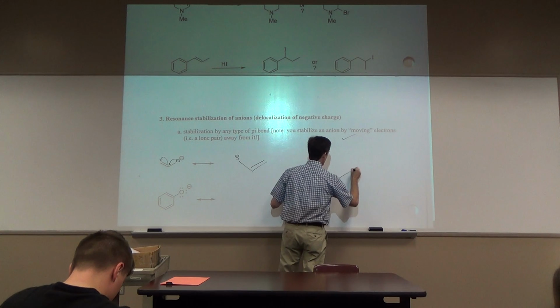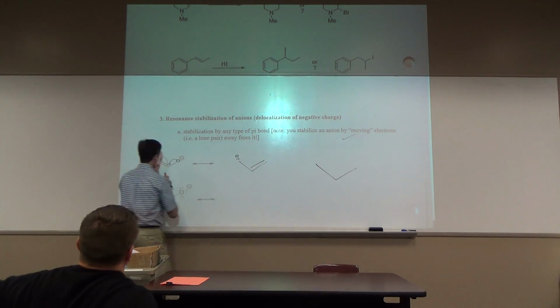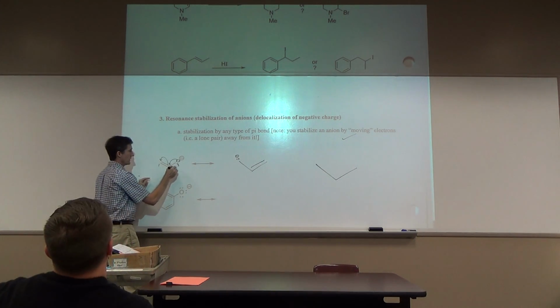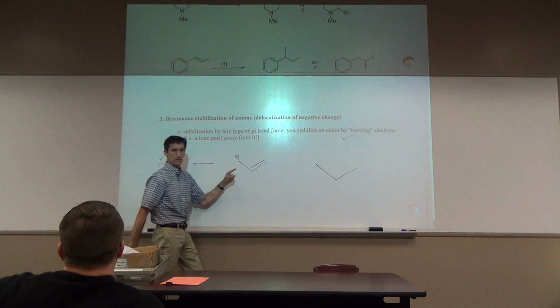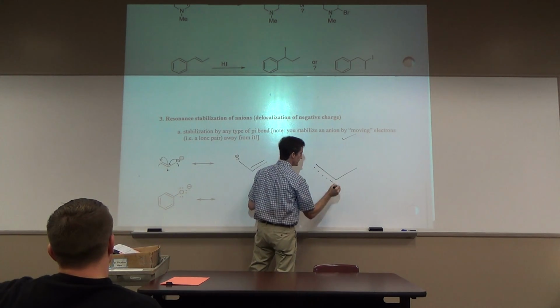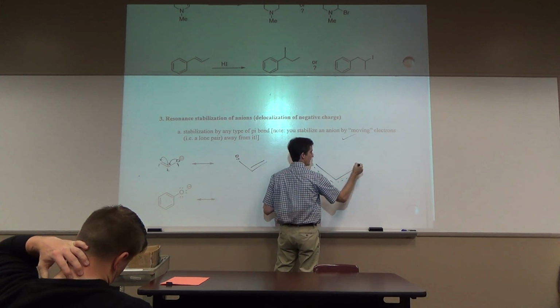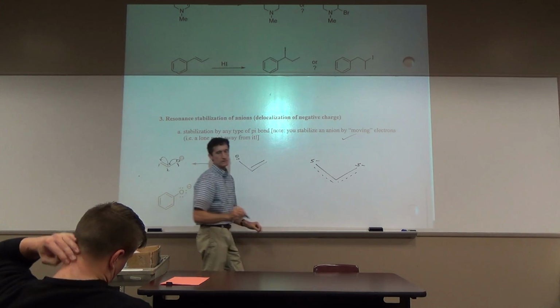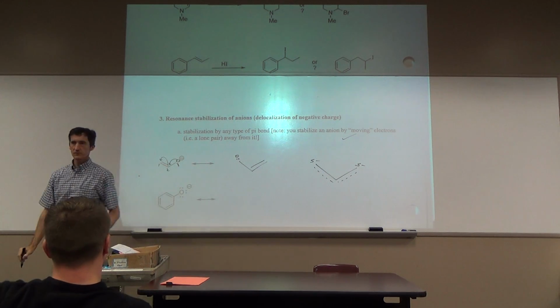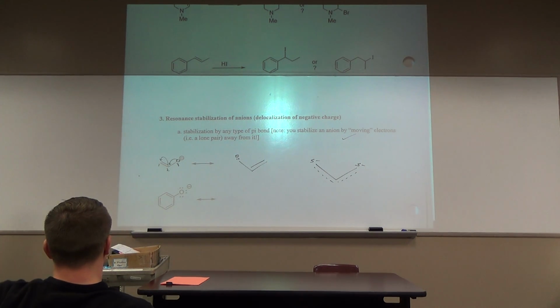That is, what's the bond order between carbons 1 and 2? Double or single? 1.5. How about between the other two carbons? What's the charge on this end? Partial negative. See, if you could look at the child, it would look like that over there. This is called pi bonding, delocalized bonding.